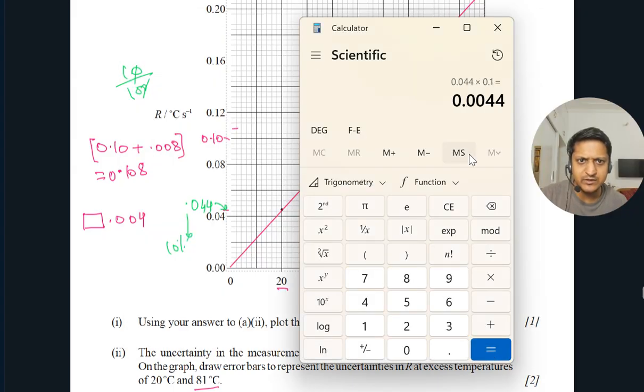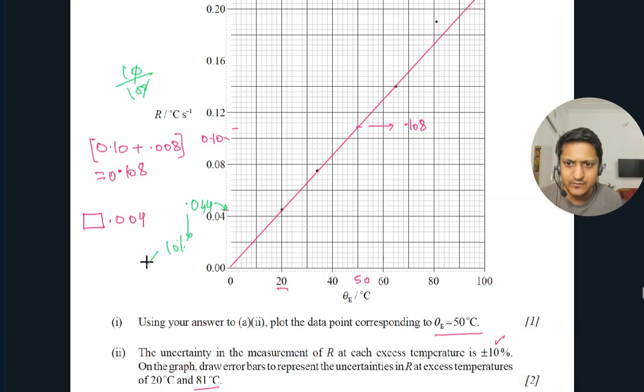So it would be 0.0044. So this is the error.